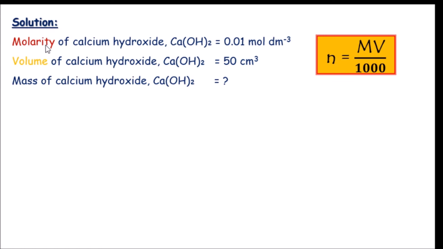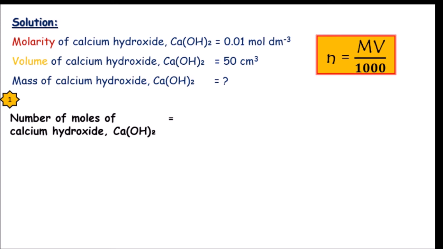So you can find the number of moles of the calcium hydroxide first. You can use this formula. Alright, try to find it first. See whether your answer is the same as mine or not. First step: number of moles of calcium hydroxide is equal to MV over 1000. So try to calculate.